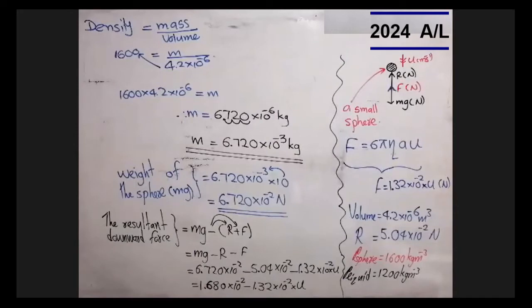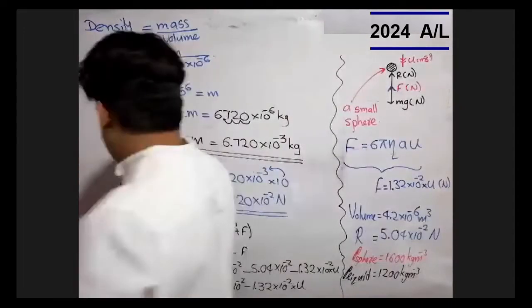Right. Now we can find the resultant force acting on the sphere when the sphere is moving with different velocities. Can you understand? We should find the resultant force acting on the sphere when it is moving with different velocities.